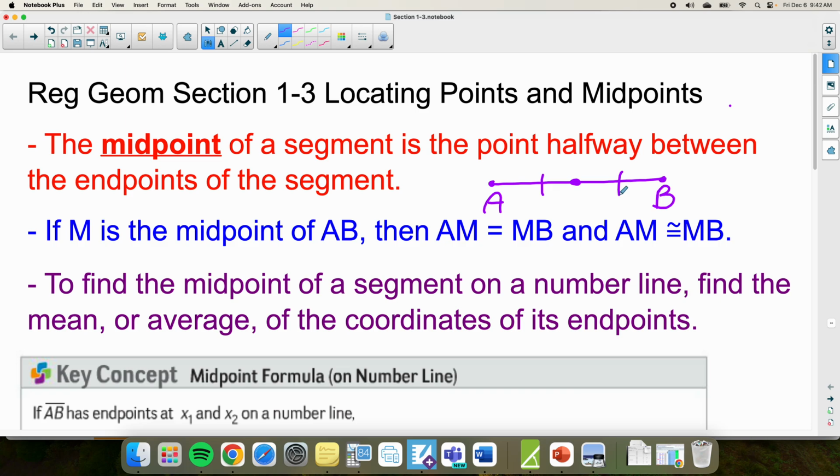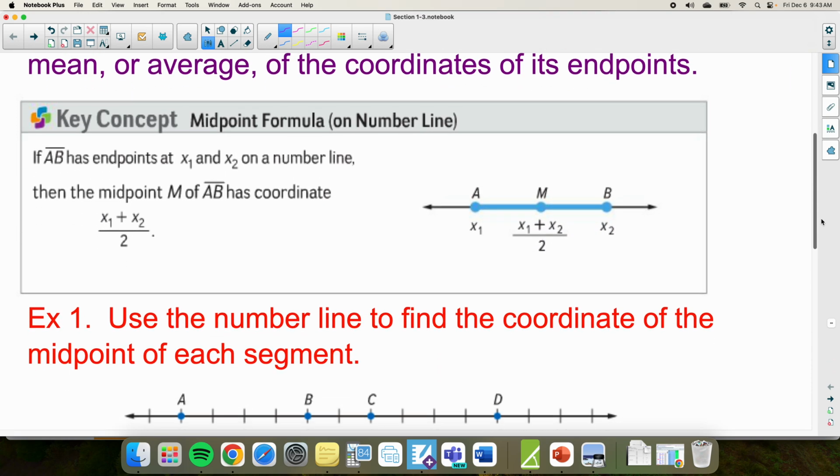If you say that these two are equal, it means their distances or lengths are equal. If you say it like this, with the bars above it, that's saying this segment is congruent to the other segment. So anytime you have a midpoint, it's going to be halfway between the two endpoints, okay?